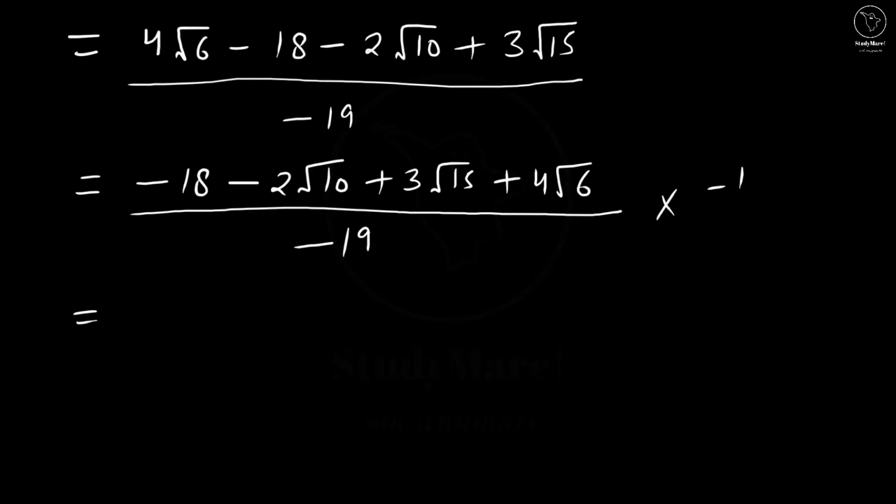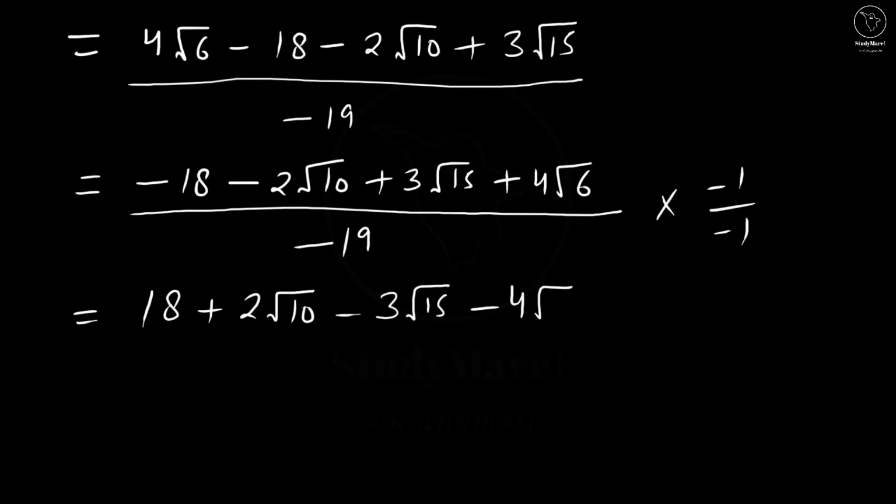Multiplying both the numerator as well as the denominator by −1, we get (18 + 2√10 − 3√15 − 4√6) by 19.